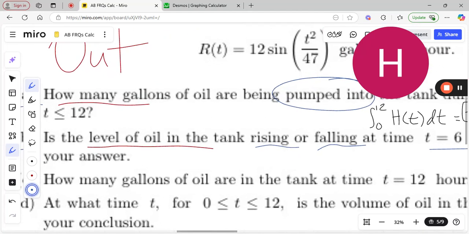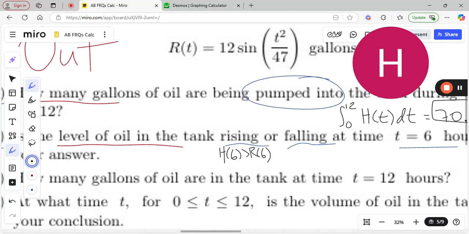So this would mean that the H of T, in other words, the H of 6, is bigger than the R of 6. Because if there's more coming in than coming out, then we're going to fill up the oil. If there's less coming in than there is coming out, then the oil level is going to fall because there's more coming out.